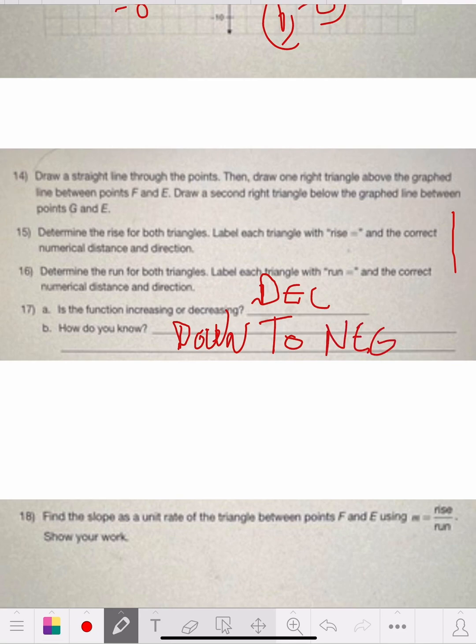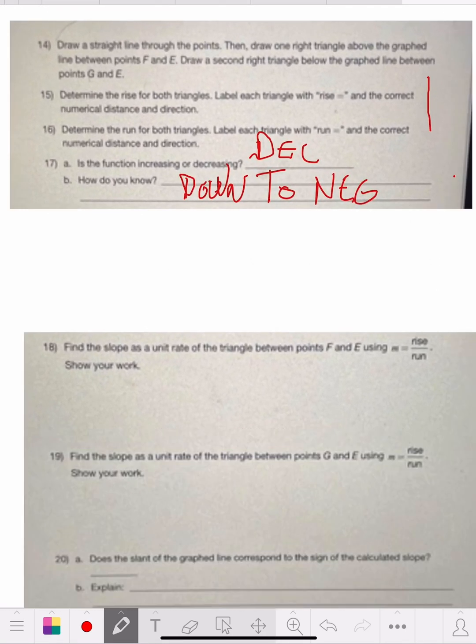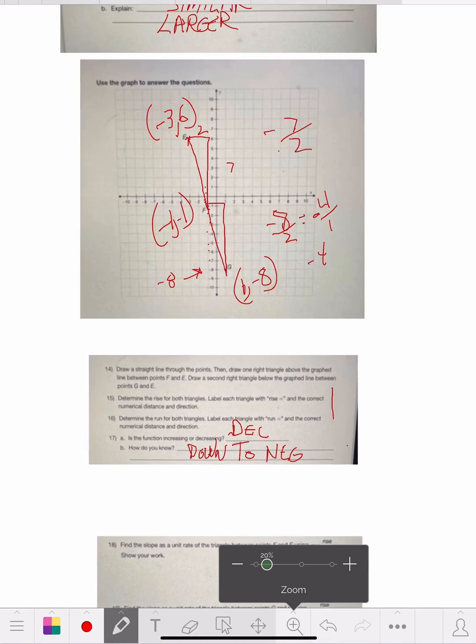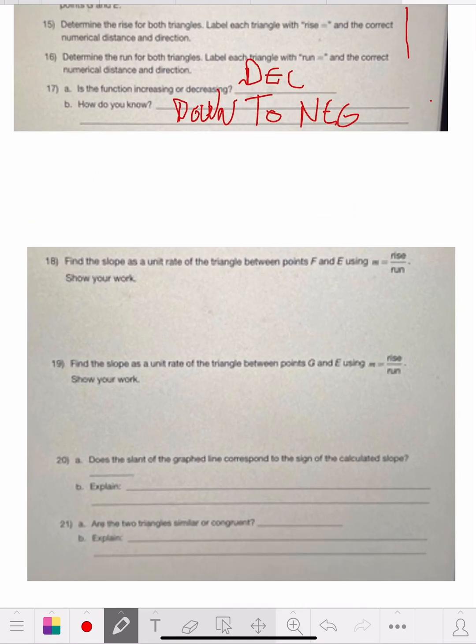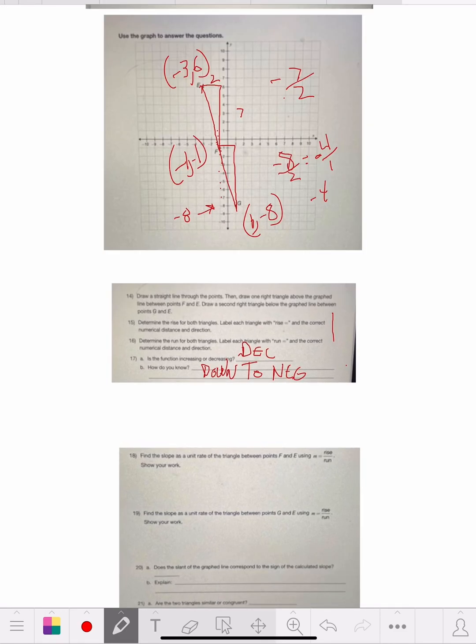Okay. Find the slope. We already did that. Okay. Show your work. So let's get back. We got 7 over 2 and 4 over 1. Between point F and E, 7 over 1.